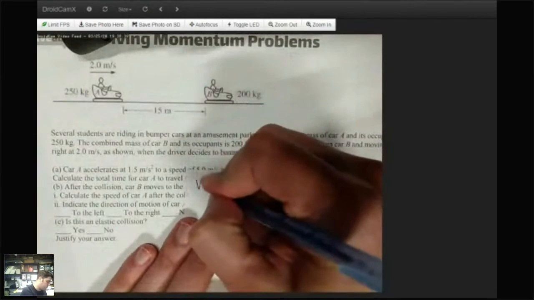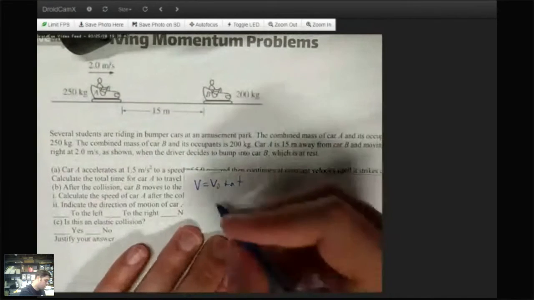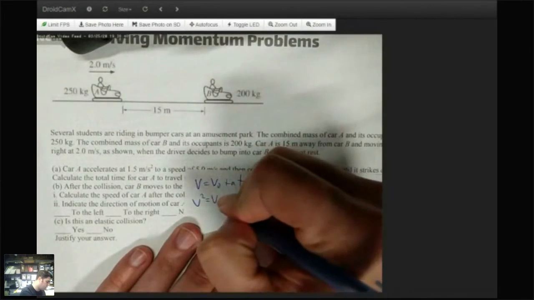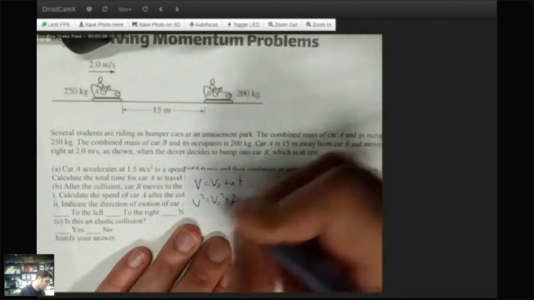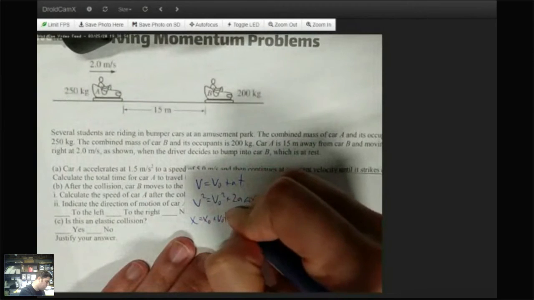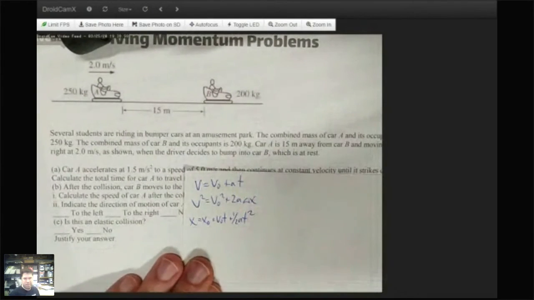V equals V naught plus AT could be useful. We might want to do V squared equals V naught squared plus 2A delta X, or X equals X naught plus V naught T plus 1/2 AT squared. Those three, right off your reference tables, are the ones we've got to use.